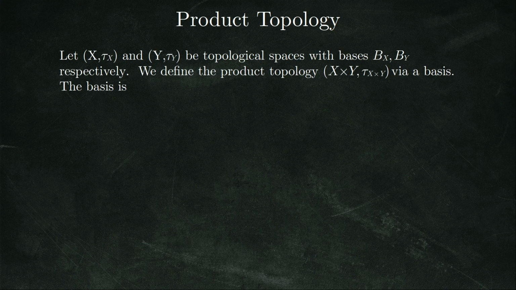So if X and Y are topological spaces, and they have the bases Bx and By respectively, then we define the product topology on X cross Y via a new basis. And this new basis is B, and this is all sets of the form O cross U, where O is in Bx and U is in By.